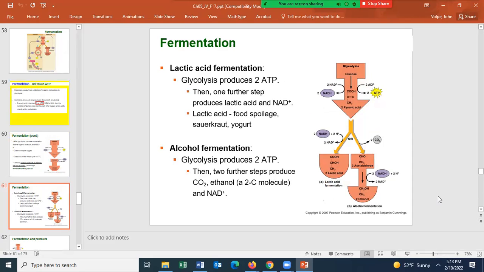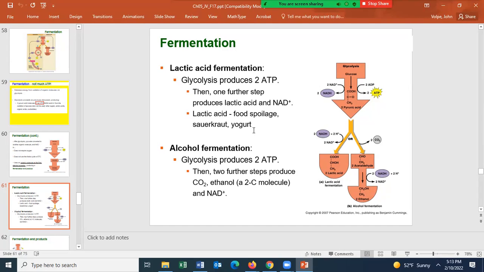There's 2 fermentation reactions we're going to talk about. There's about 5 or 6 total fermentation reactions. In lactic acid fermentation, pyruvate is generated by glycolysis, and we do generate 2 ATP. And then the NADH is converted into NAD plus in 2 fermentation steps.